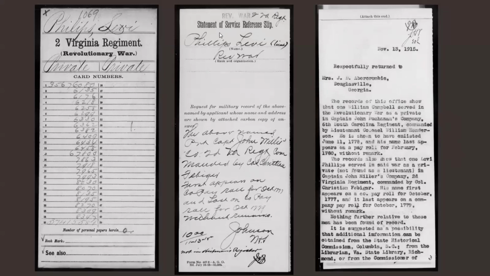Interestingly enough, for Levi in his pension application, there's like 6 letters of people who had written to the government saying, hey, I'm looking for military service records. And a lot of the people were doing DAR applications, and they range in years from like 1915 through the 30s.